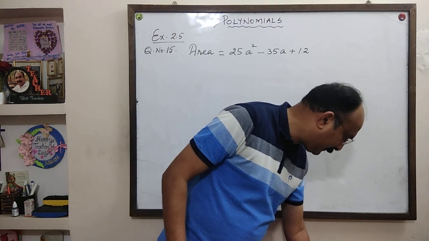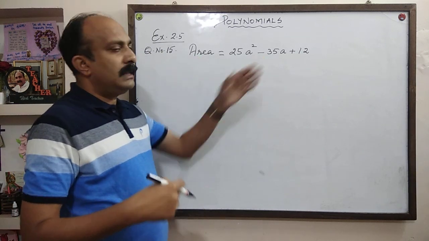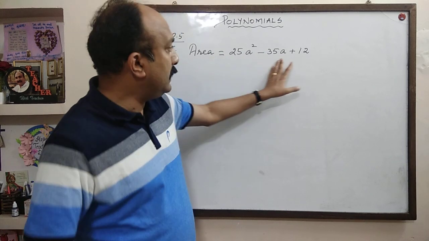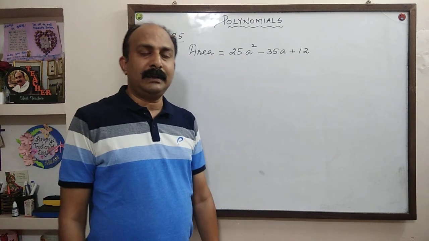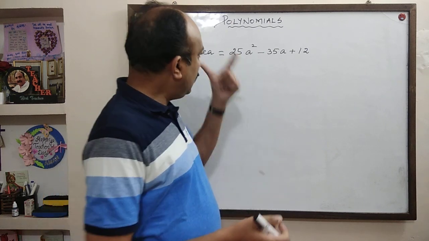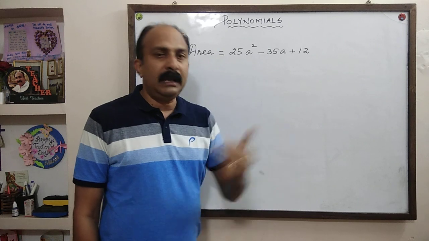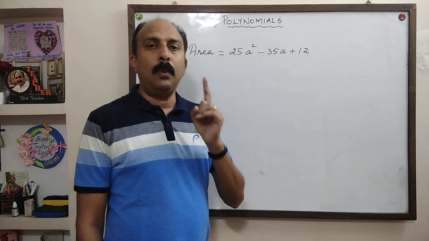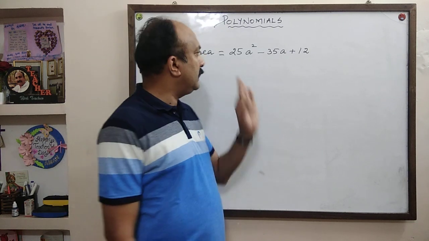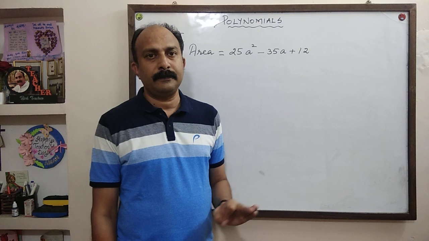Okay. So what is the question? This is the area of a rectangle. How can this be the area of a rectangle? So this is another way of asking the question. If this algebraic expression is the area of a rectangle, what can be its length and breadth? We know that area of a rectangle is equal to length into breadth.